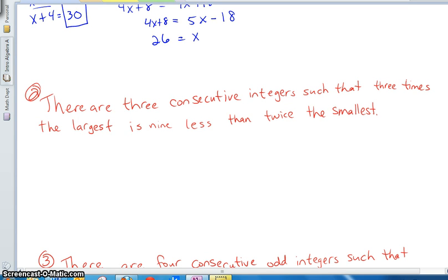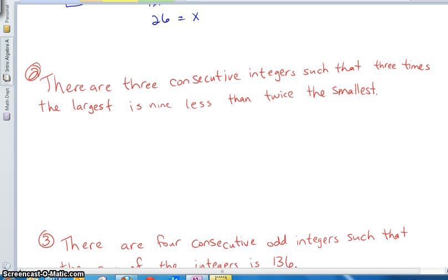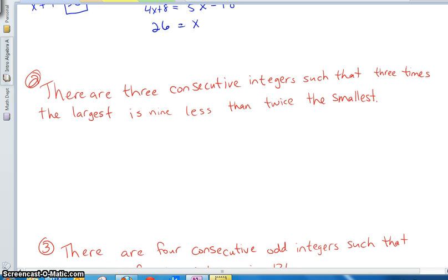Next, there are 3 consecutive integers such that 3 times, I think this was supposed to be odd integers. There are 3 consecutive, we'll see if this works.